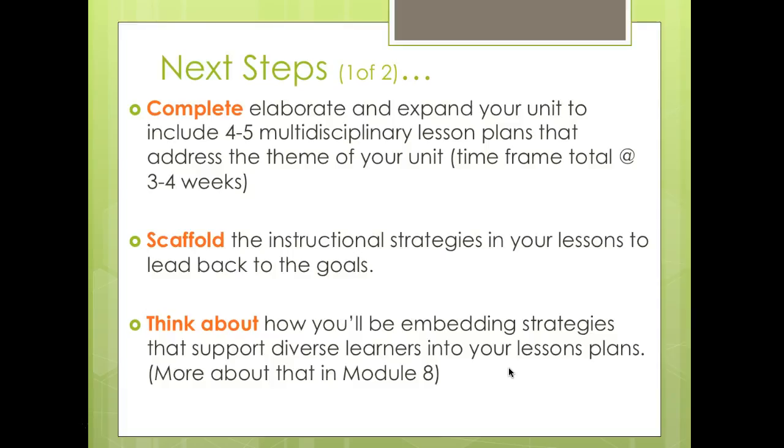And if you think about the instructional strategies, you're also scaffolding the assessments, even though it doesn't say that here because we're working on instructional activities, but you will always have the assessments embedded. They lead to the assessments. All the instructional strategies you have are going to lead directly to your assessments, which are related directly to your objectives. Think about how you'll be embedding strategies that support diverse learners in your lesson plans, and you're going to see more about that in Module 8.